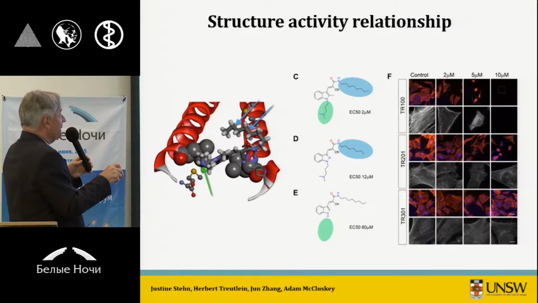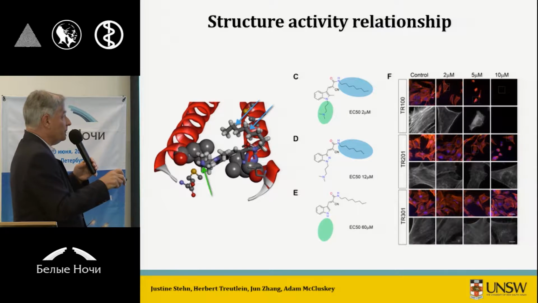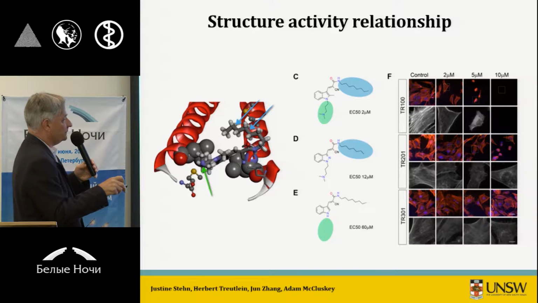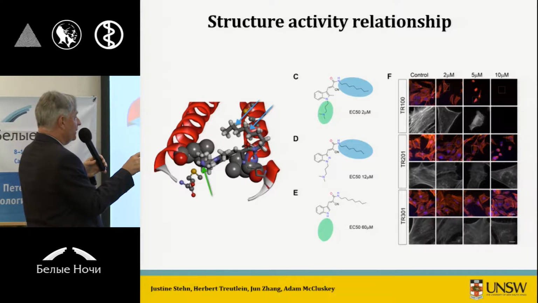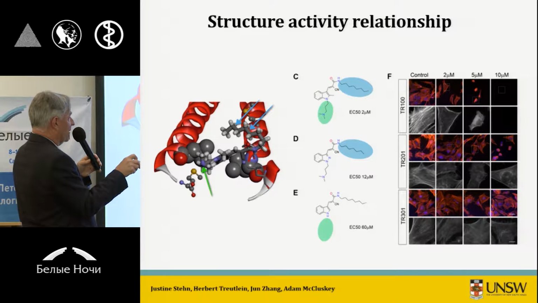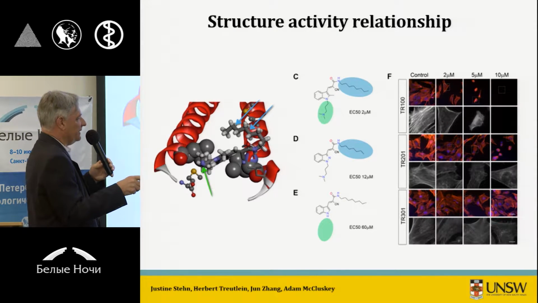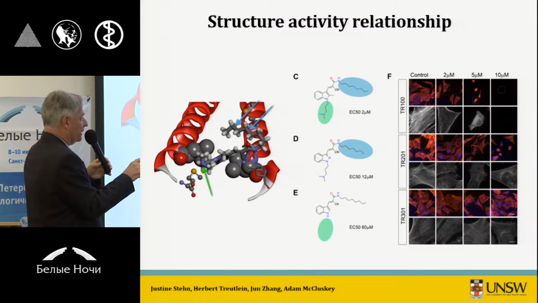This is the first lead compound, which is called TR100, and this is a model of how it sits in the C-terminus of this tropomyosin. Over here, we're just showing you that there are two arms associated with this chemical, and if you remove either of these two arms, you incapacitate the effectiveness of the drug.